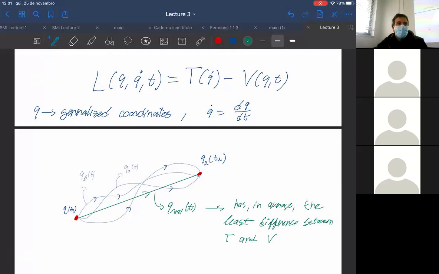Because you have the same symmetry. If you want to cross this force, you would have to counteract it in such a way that it would not be natural. So it would not extremize, in fact, this difference. But that's also a good point.